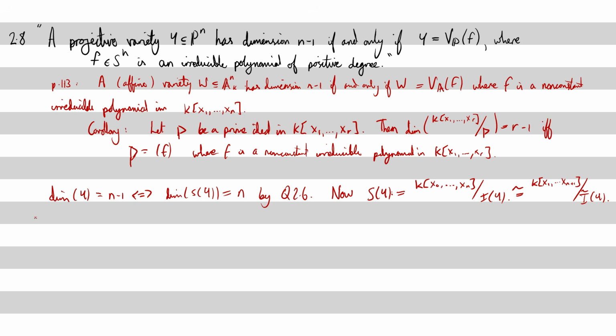Now, I of Y is prime because Y is a projective variety. So let's call this star.